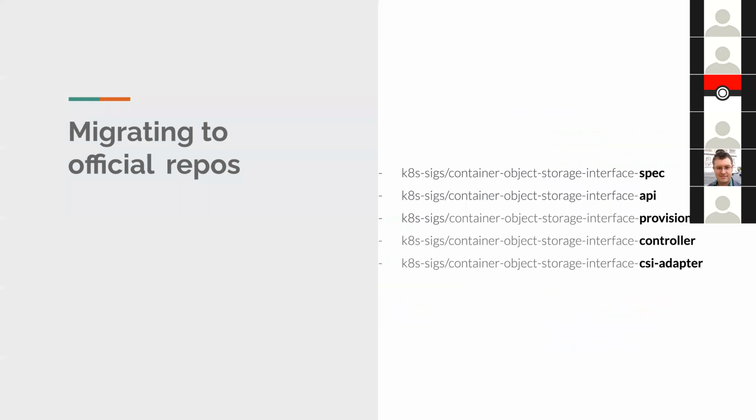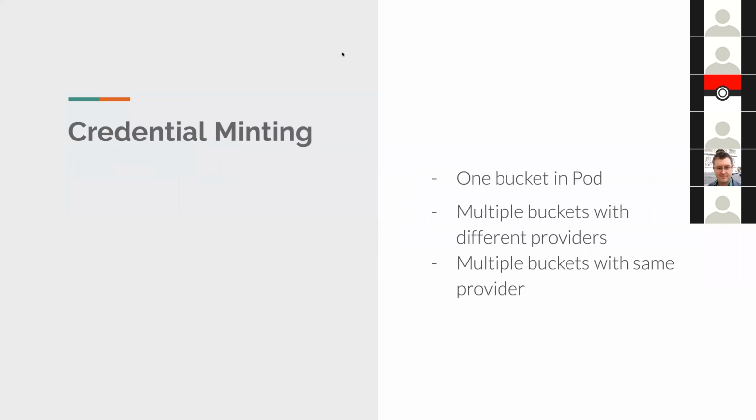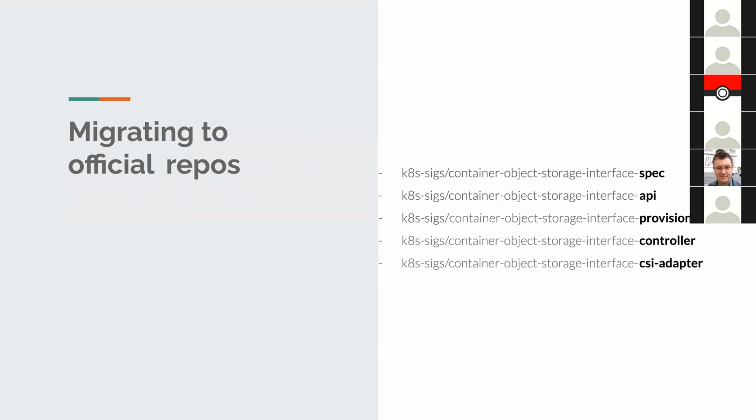Finally, the other effort that's been going on is we've been migrating our code from the temporary repository that we were using to the official repos now that they're in place. So we created one new official repo called Container Object Storage Interface API because we needed a location to put the API spec or the API definition, since it'll be shared between the three components.